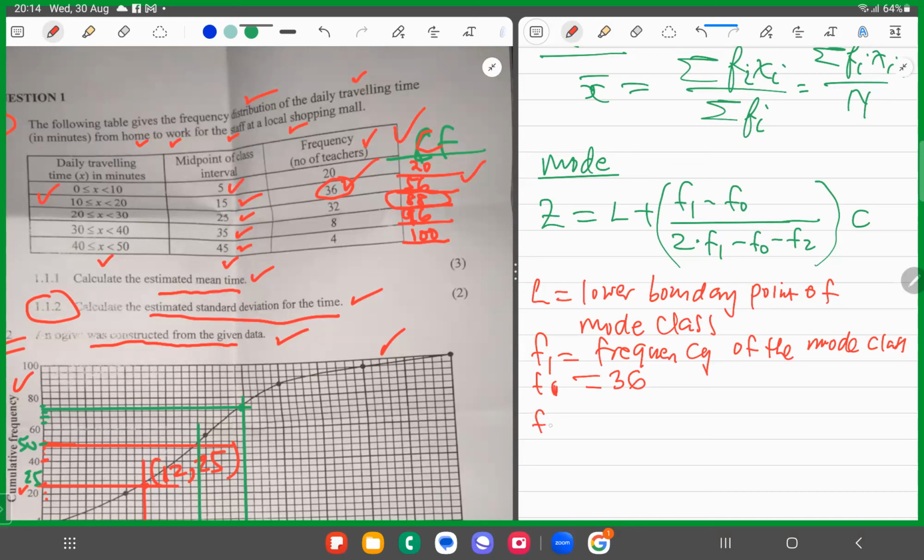And then we have F naught, the frequency of the preceding class.